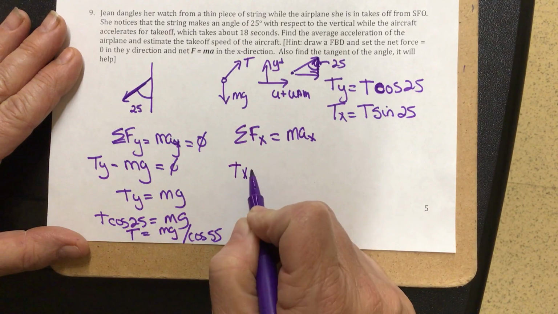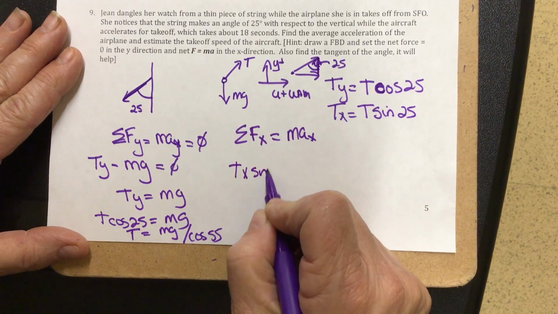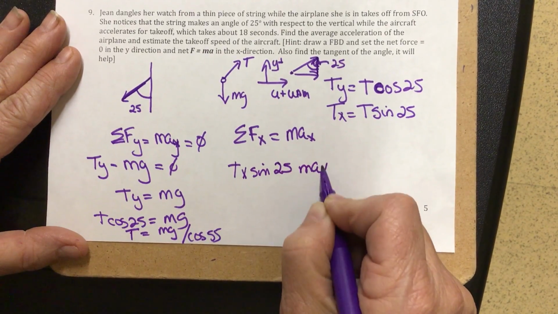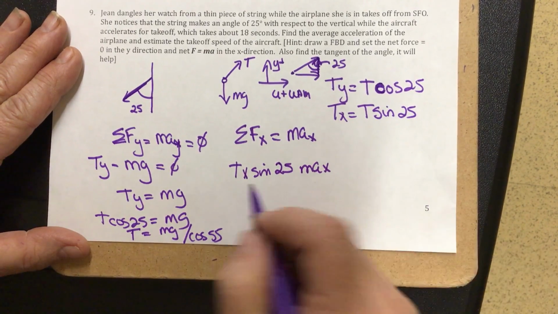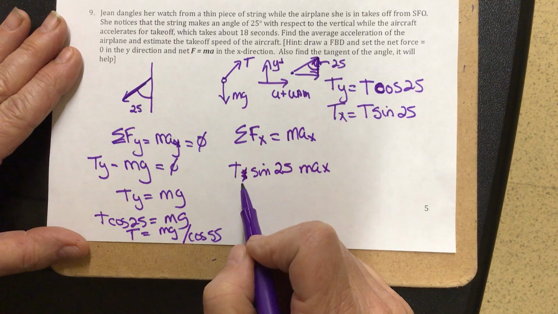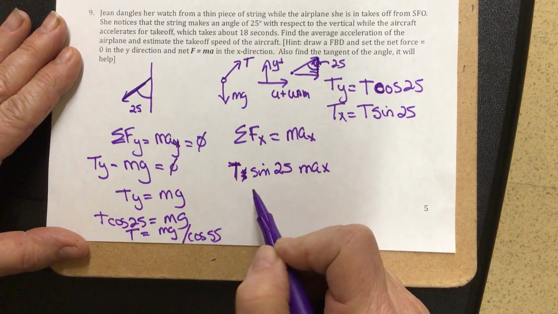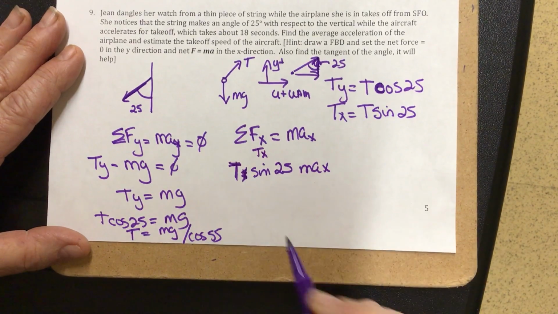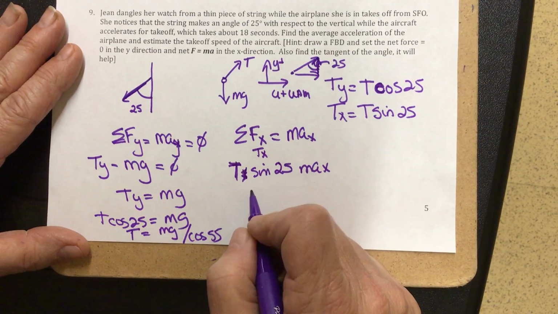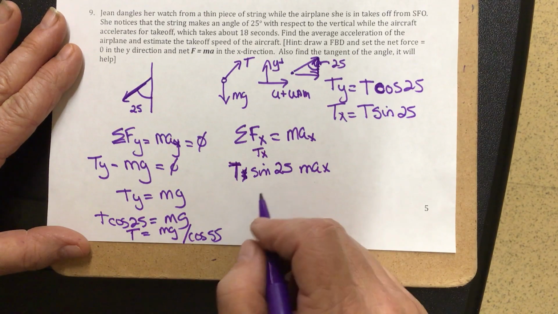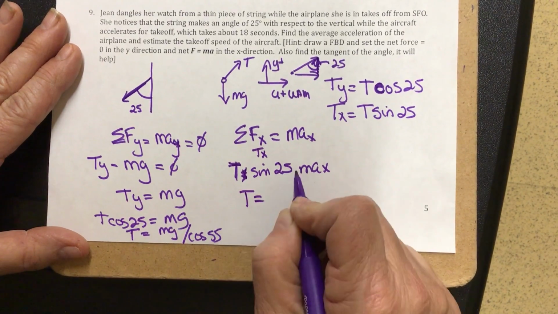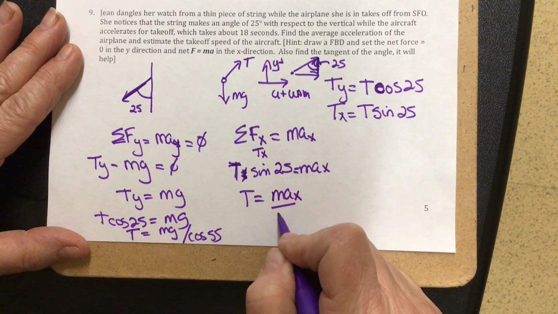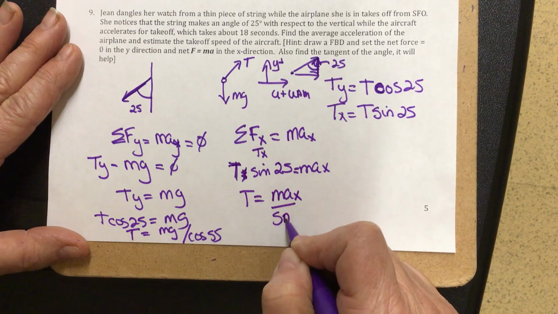So tension times sine of 25 is equal to mass times acceleration in the x direction. Remember, the only force is tension. So let's rearrange for tension so we can derive a formula that doesn't have tension in it. We get tension equals mass times acceleration in the x direction divided by sine 25.